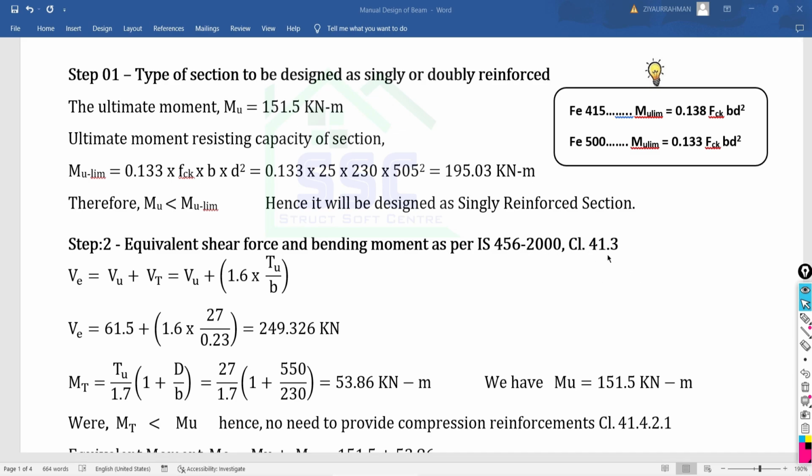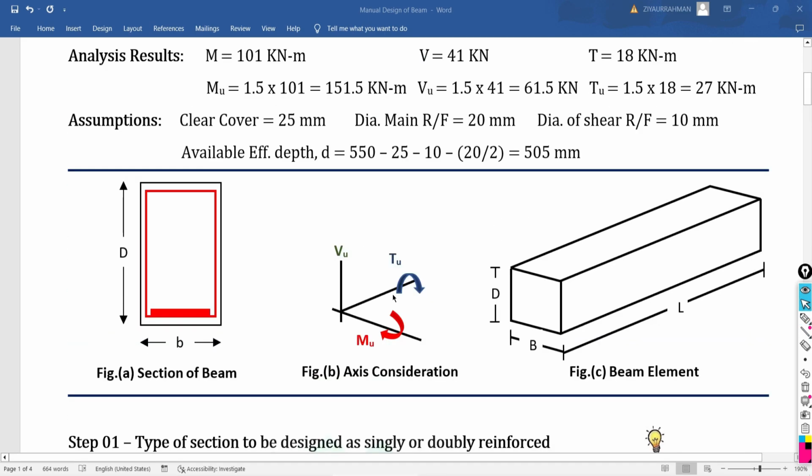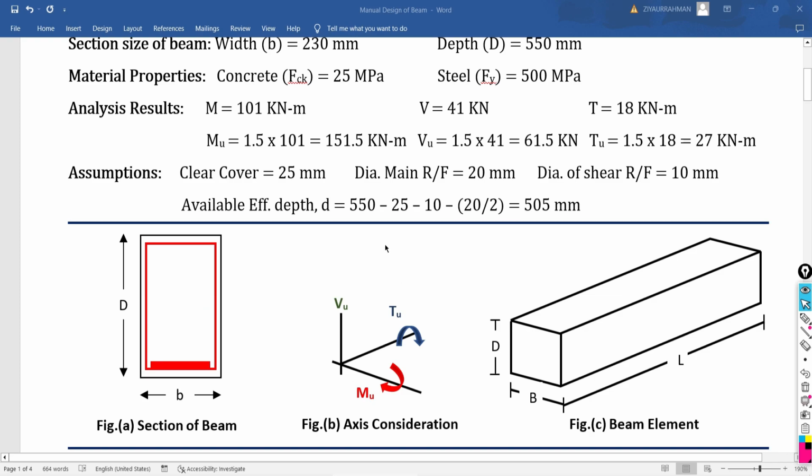But before that, try to understand why it is needed to calculate the equivalent shear force. In our proposed example, your beam is not subjected to purely moment and purely shear force, but there is also a presence of torsional moment.